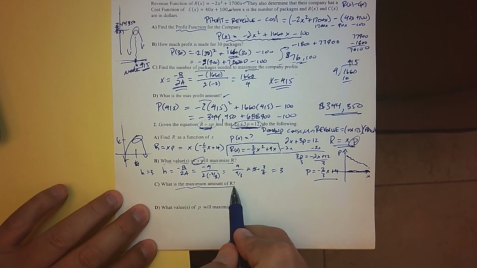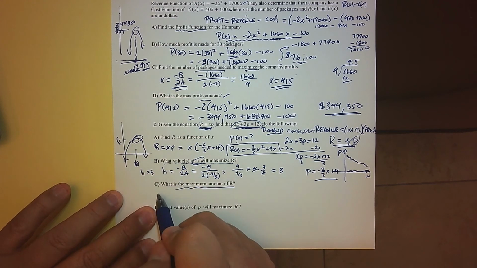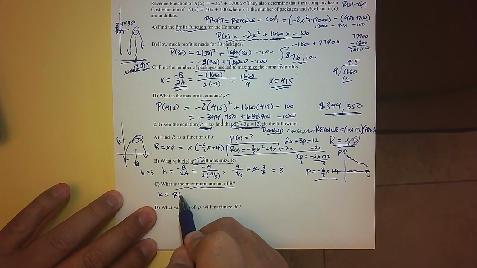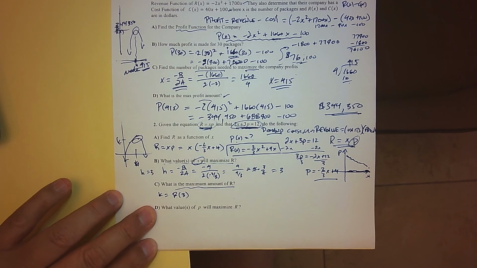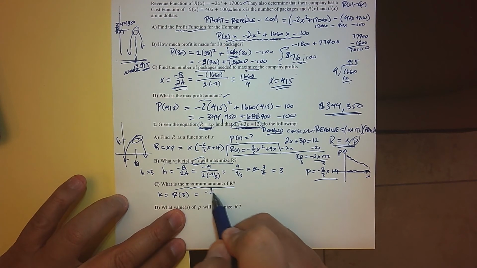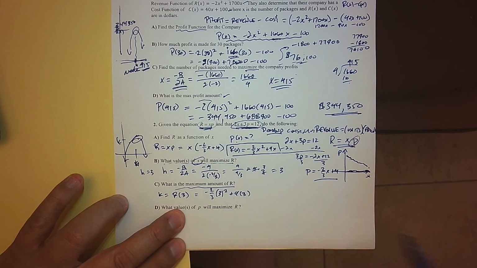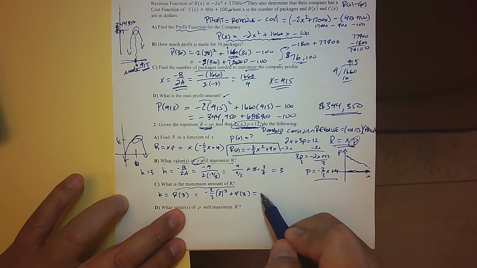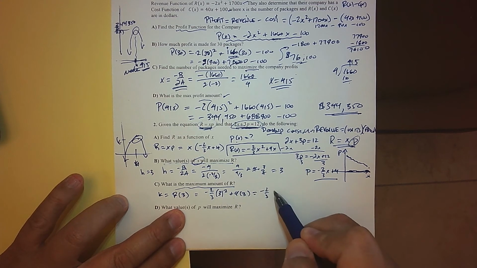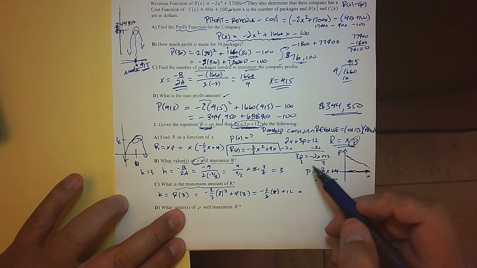What is the maximum amount? Well, again, to find the vertex, to find the k value, k is my revenue function evaluated at that x coordinate. So we got negative 2/3, 3 squared, plus 4 times 3. And I think that will become negative 2/3 times 3 squared, which is 9, plus 12. 3 goes into 9 3 times.